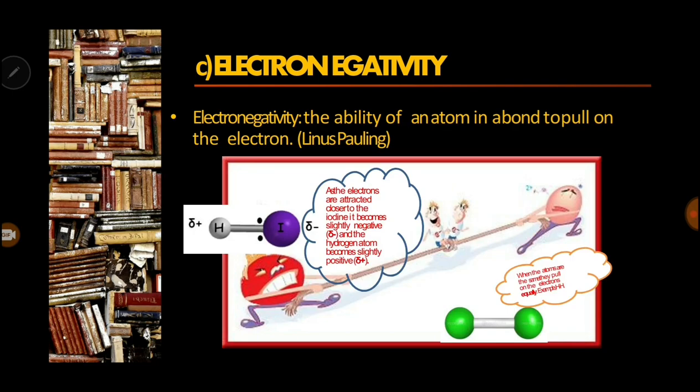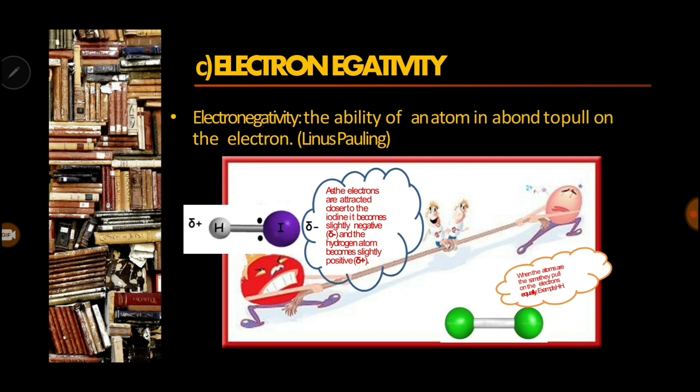Okay, the next term is electronegativity. Electronegativity is the ability of an atom in a bond to pull on the electron. So this is the strength to attract the electron toward the negative part. As the electrons are attracted closer to iodine, it becomes slightly negative, and the hydrogen atom becomes slightly positive.